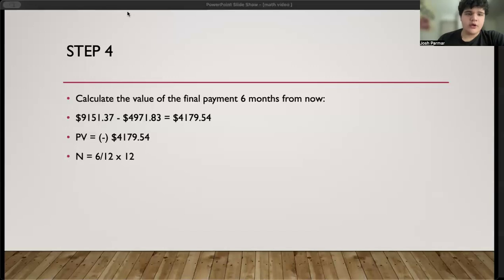Then we go ahead and put in our present value here, which is 4,179 and 54 cents. We're going to want to make that a negative. Put that in for present value, and we're going to go ahead and compute our future value here.